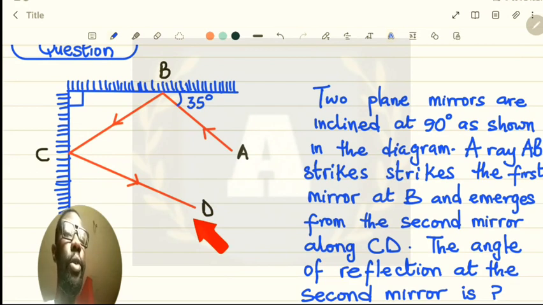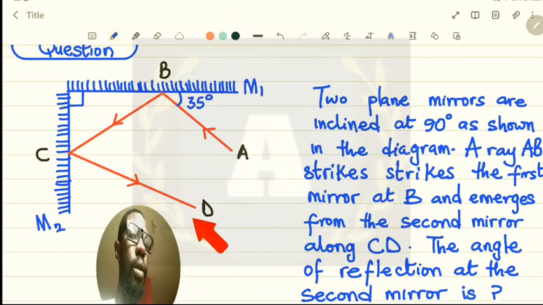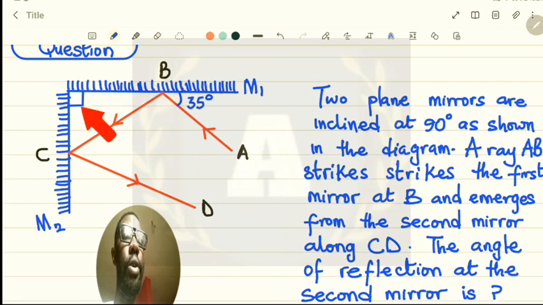So this first mirror is M1, let's denote that, and this second mirror is M2. Let me read the question again for clarity: two plane mirrors are inclined at angle 90 as shown in the diagram. These two mirrors are inclined at 90.